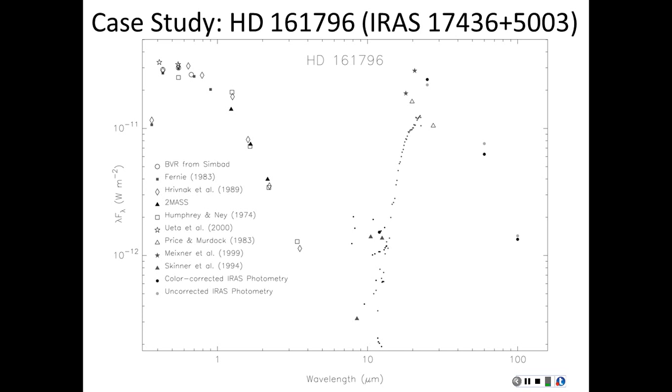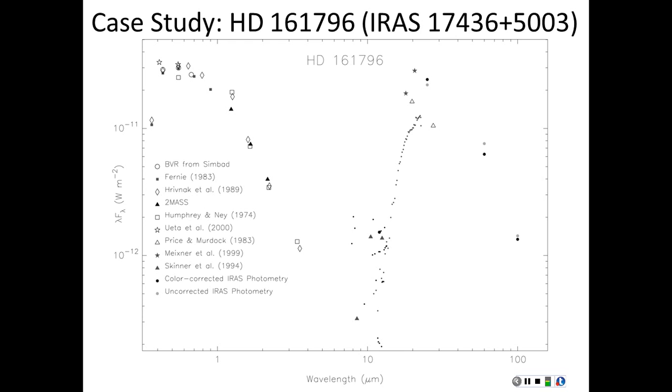That one is from stuff that Margaret Meixner did. So are you saying that those data are maybe wrong? Well, there's a question here as to the variability of this object. Actually, remember this is in the log scale.